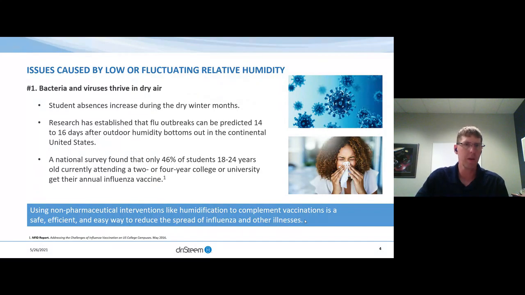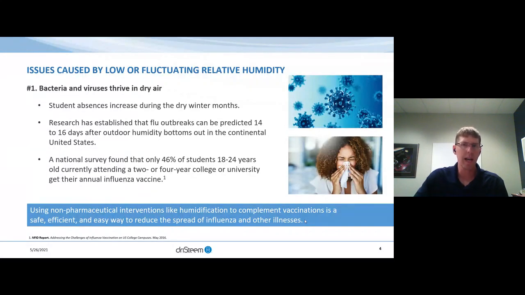In addition, another study looked at students and how often they're getting flu vaccines as an example to help reduce a flu outbreak. And not quite half of students generally are. So that further impacts the space and where those viruses and bacteria want to live, and what we're doing about it.